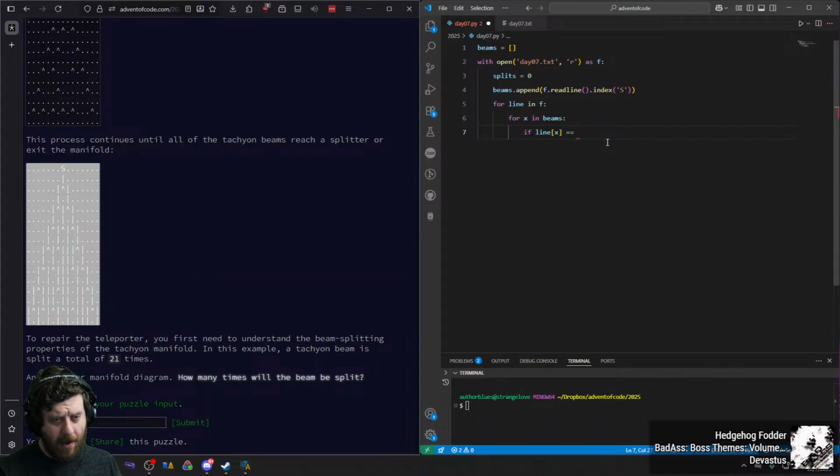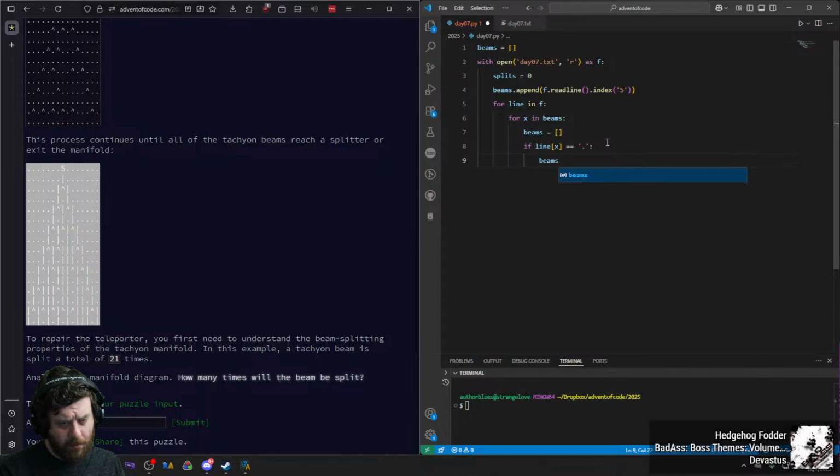If line equals line x, well, if line is just dot, then beams.append x.